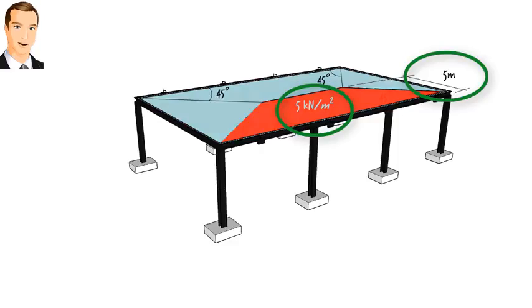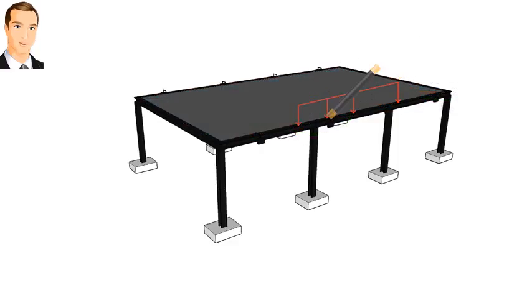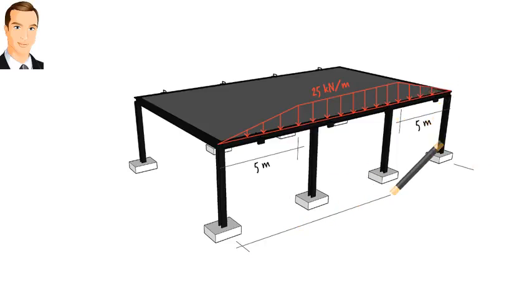Since the height is 5 meters, we end up with a load magnitude of 25 kilonewtons per meter. In essence, we are turning the flat trapezoidal area 90 degrees and placing it on top of the beam, thereby turning it into a line load.